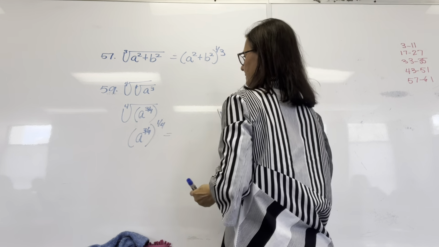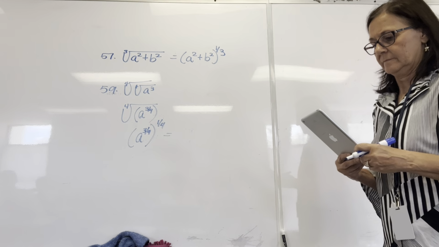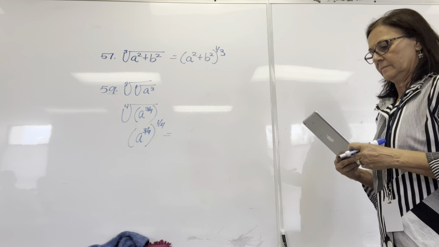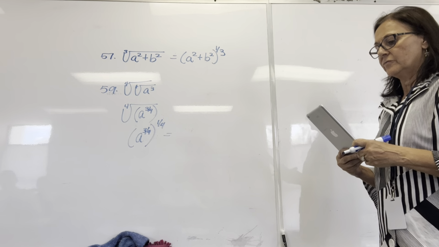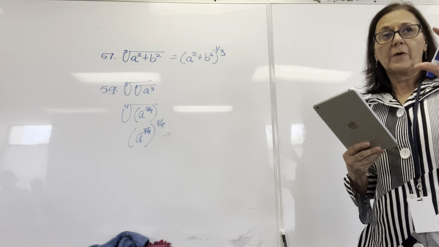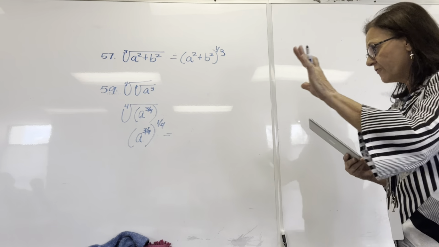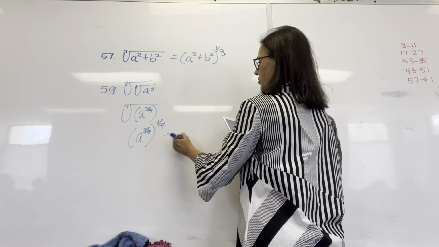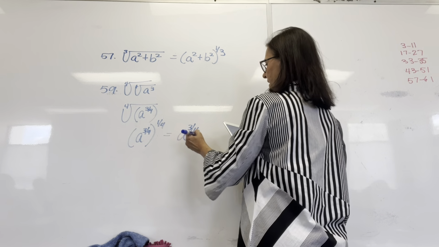I did a to the third, raised to the 1/4, which is raised to the 1/4. Yeah, a cubed raised to the 1/4 raised to the 1/4 is perfect. Okay, so that works. Because you should get a to the 3/16.